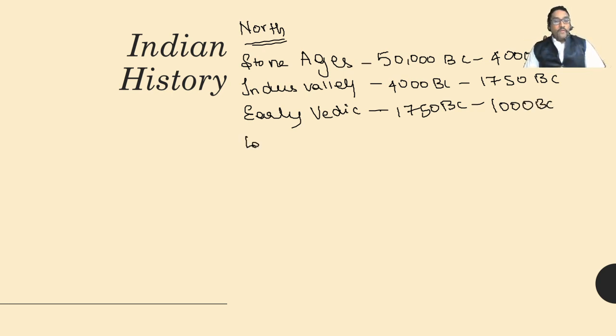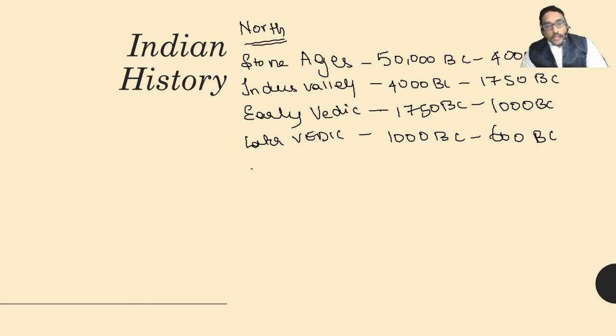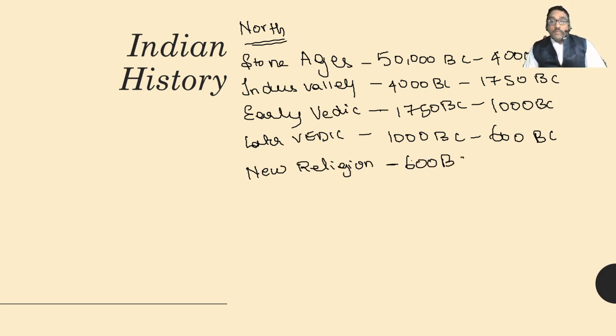The later Vedic period is the period from 1000 BC to 600 BC. New religious developments. This new religion era is basically Buddhism and Jainism, 600 BC to say 500 BC.